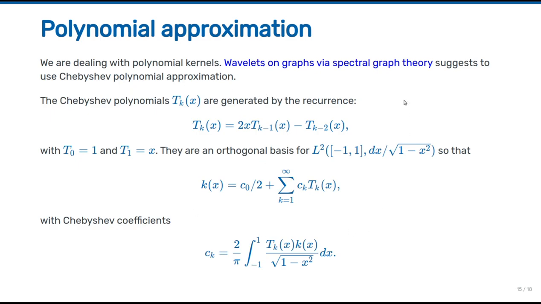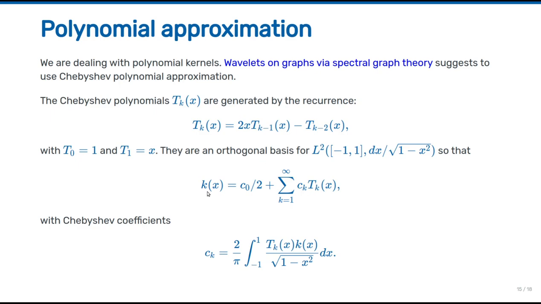So here is a reminder about Chebyshev polynomials. You can generate them with this very simple recurrence where T0 is 1 and T1 is x, and then T2 is obtained by this, and so on. They are, again, an orthogonal basis for this measure. And of course, you can write any polynomial as a sum in this basis.